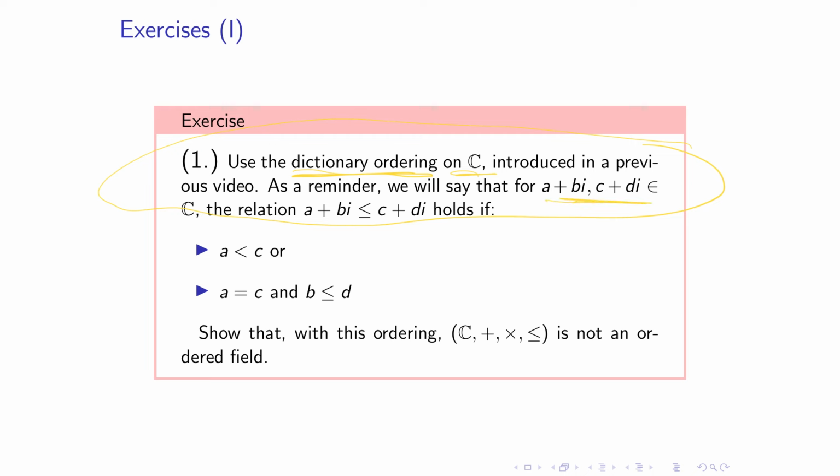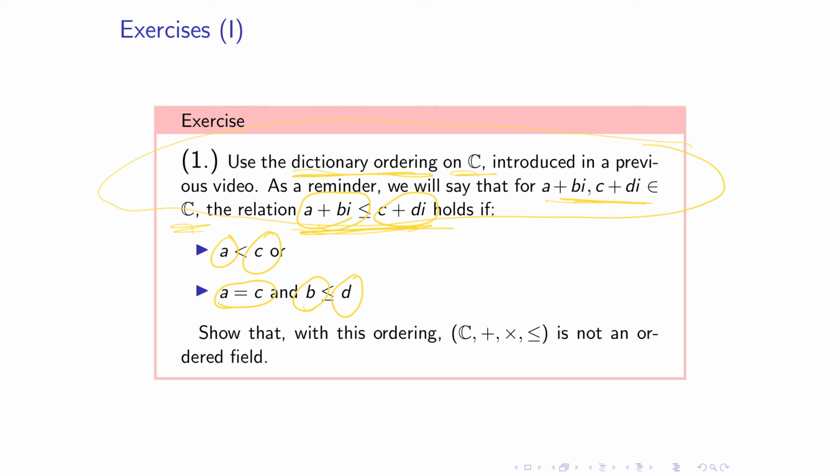If you take any two complex numbers, here's what we mean by this complex number being less than or equal to that complex number. It means that either the first one is smaller than the second one in their real component, or the real components are equal, but the first one is less than or equal to the second one in the imaginary component.